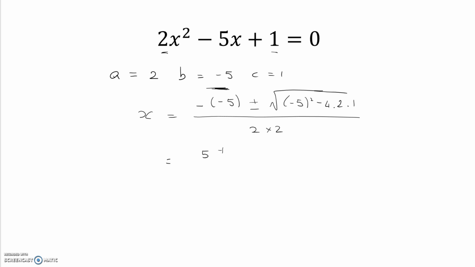So it's 5 plus or minus the square root of 25 minus 8, so 17 over 4. Right, clearly that's not a nice number, so 2.281 or 0.219.